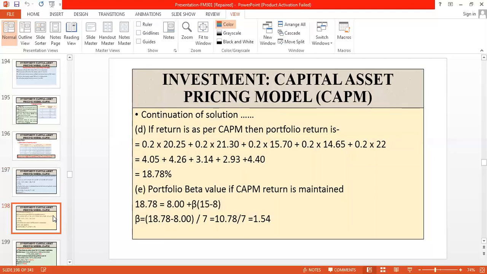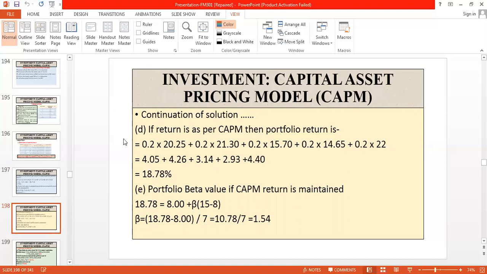Now, in the fourth part, it was stated that if you don't consider your expected return, but consider the theoretical return as per the security market line, then what is your portfolio return where all shares are equally combined?